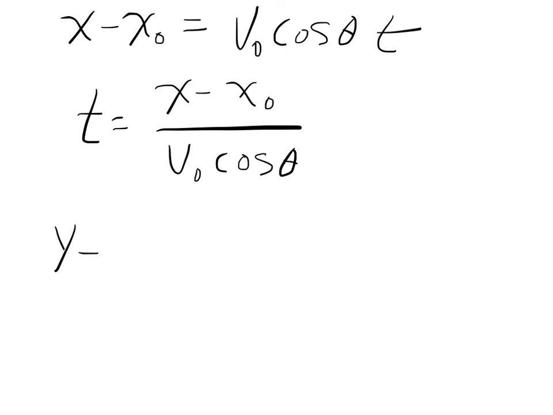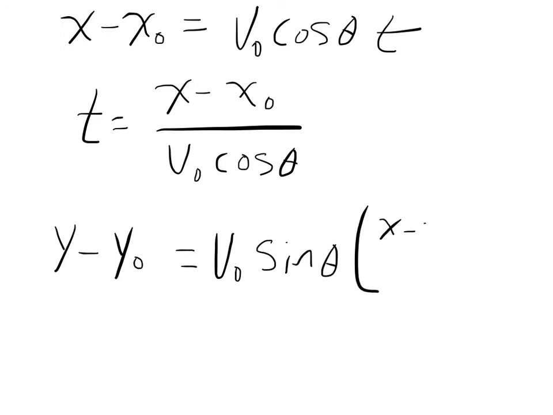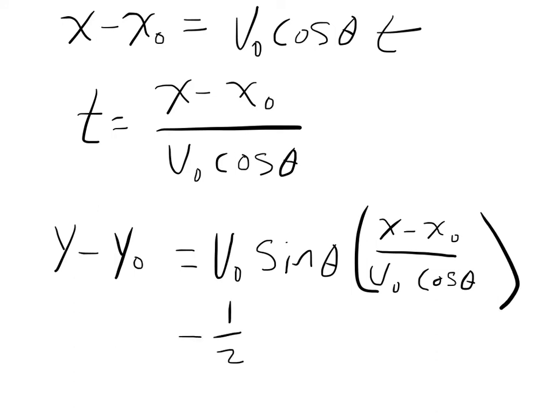So I'm going to get y minus y naught is equal to what? V naught sine theta times x minus x naught over v naught cosine theta, and then minus 1/2 what?